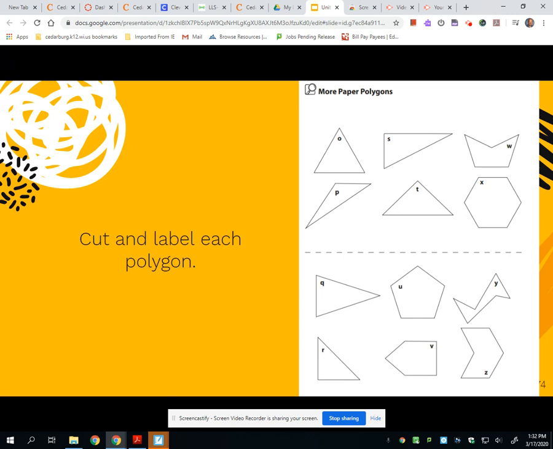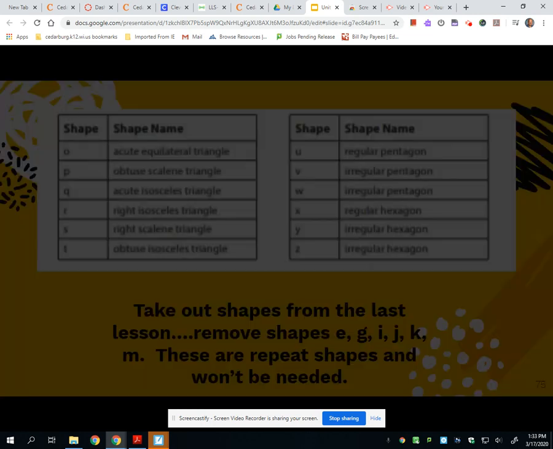Again, this sheet is going to be available to you to cut out the shapes to help you classify or at least answer some riddles for certain polygons.